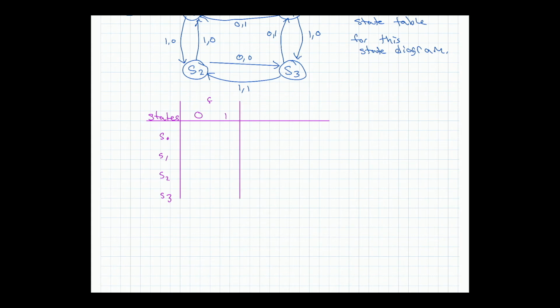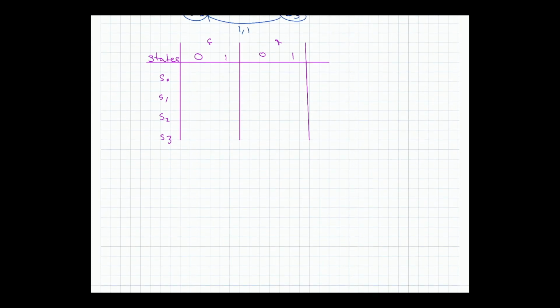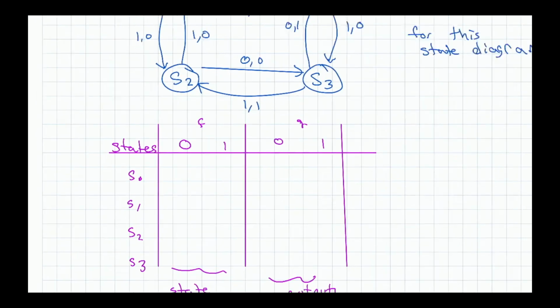Those are inputs, remember, not outputs. You've got your G, which is also going to have inputs of 0 and 1, right? And so these are going to be your outputs here, and these are going to be your state transitions. Writing those words there is not part of this. It's just to remind us of what we're doing, because we're still new at it.